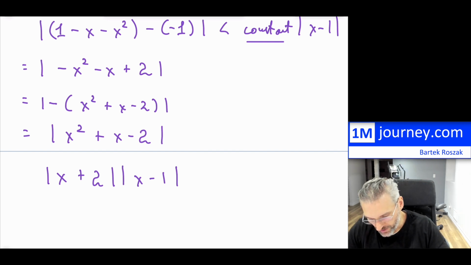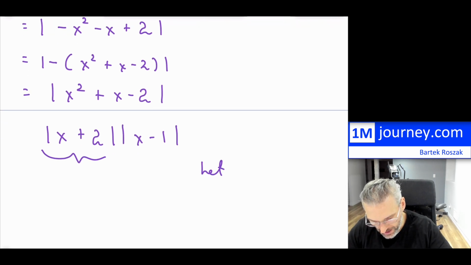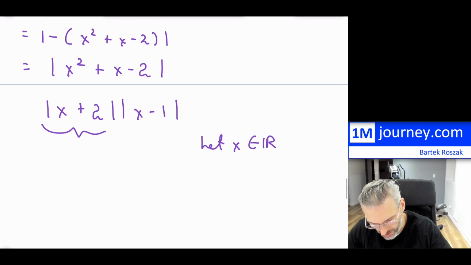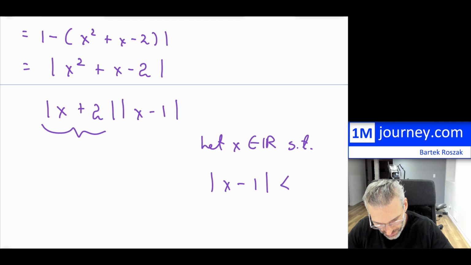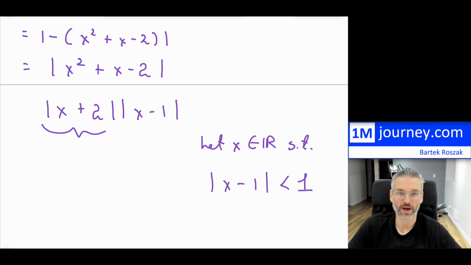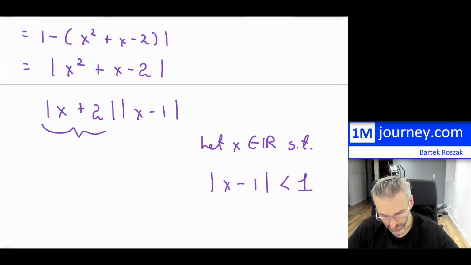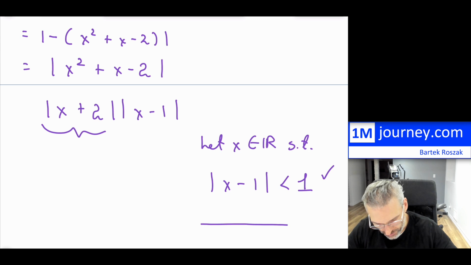So now I need to bound this. How do I bound it? Well, we let x be in R such that x minus 1 is less than, and again, I'm going to just put 1 in here for convenience. Now that I have this, what am I doing?